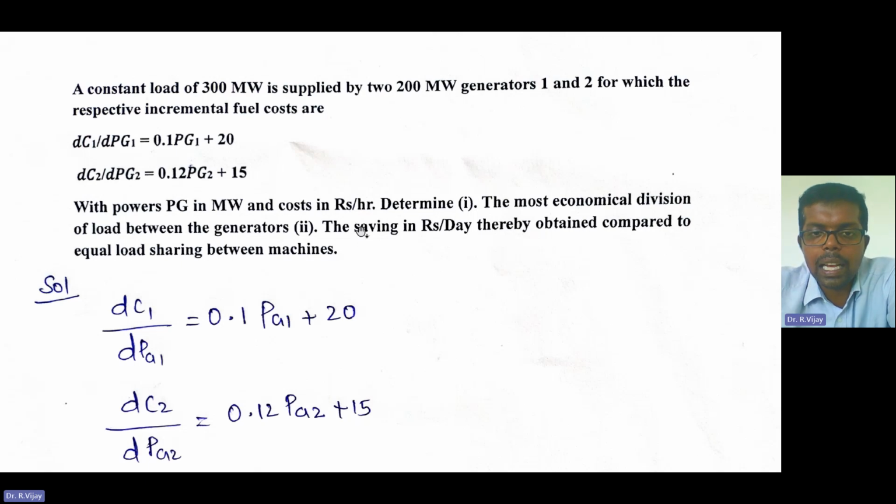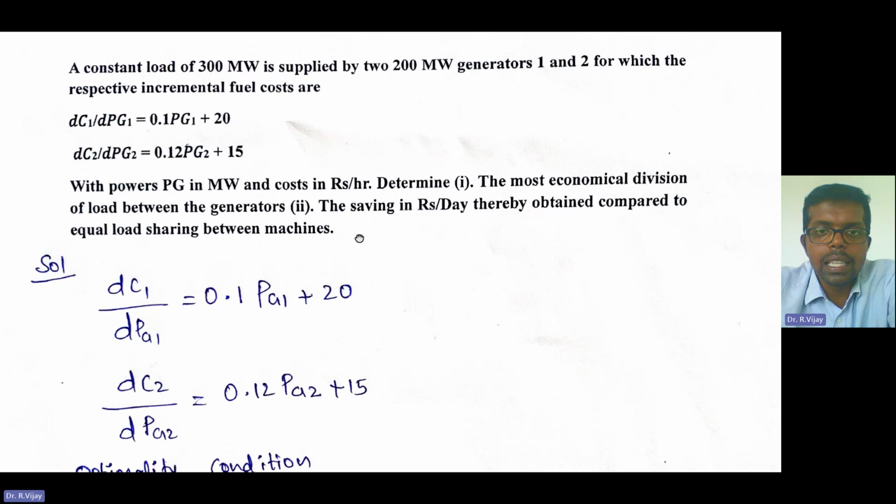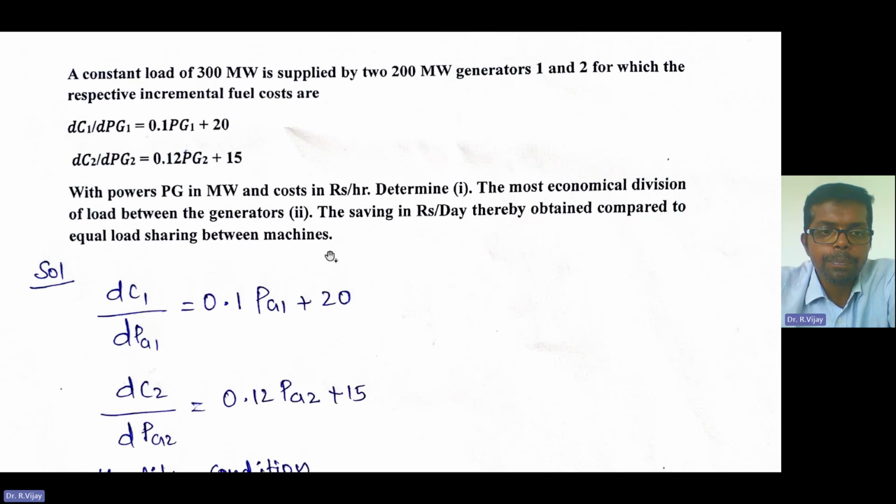Next, they are asking for savings in rupees per day. Here the cost is in rupees per hour, but they are asking in rupees per day, compared to equal load sharing between the machines. You need to calculate the savings. So like this question, they may ask in a 10-mark question.